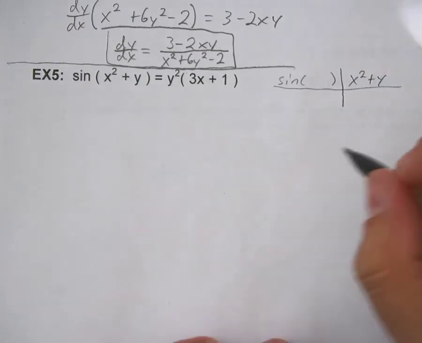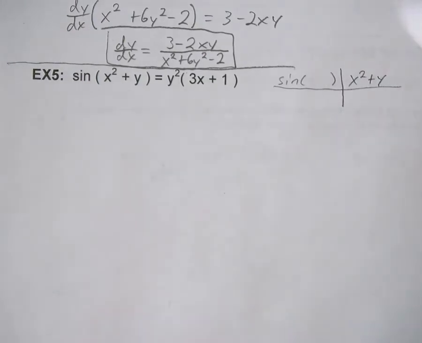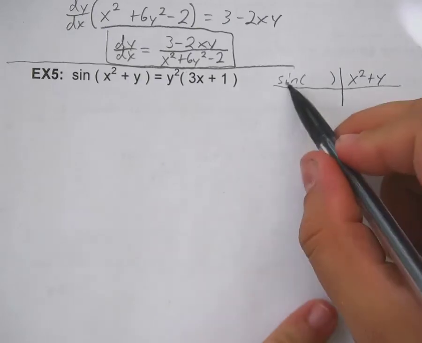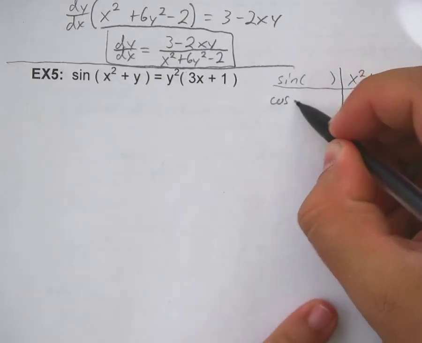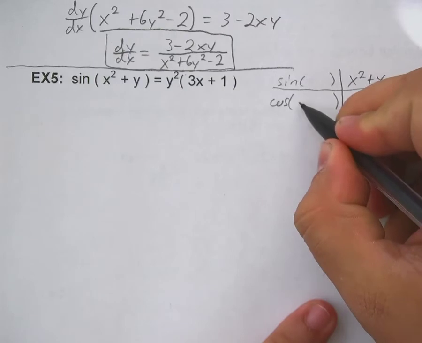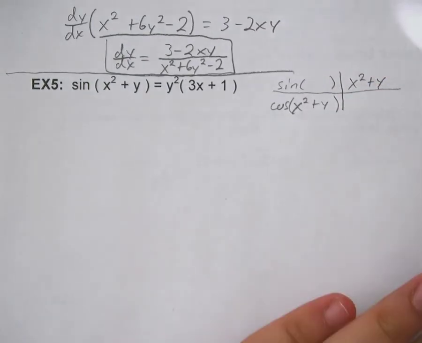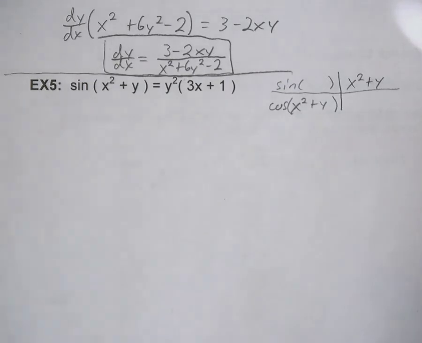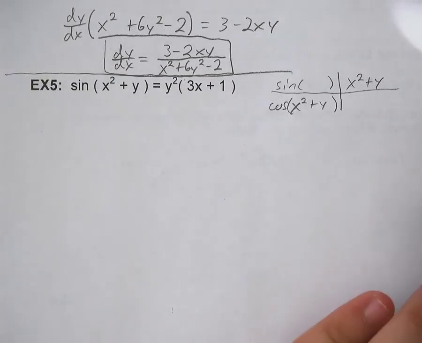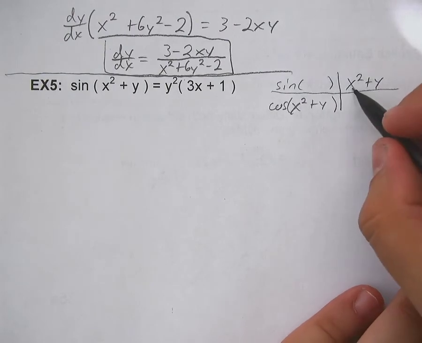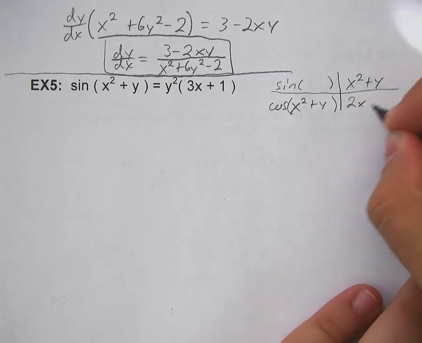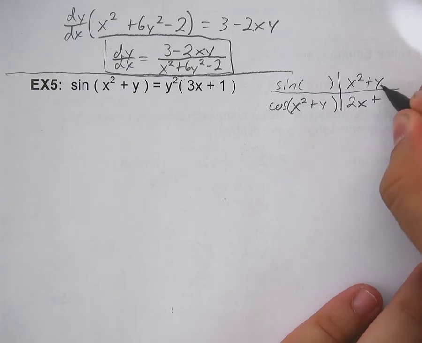When I do my derivative, I'm going to set it up the exact same way as any other. The derivative of sine is cosine. The inside won't change: x squared plus y. And then the derivative of x squared is 2x plus the derivative of y, which is dy dx.